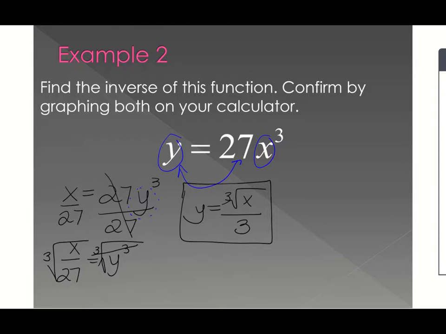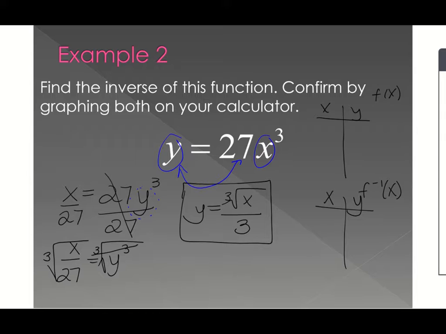So something else that would be very good to look at would be our table. So if I were to make a table for my original function and a table for my inverse, I should see that when looking at my graphing calculator, my points are switched.